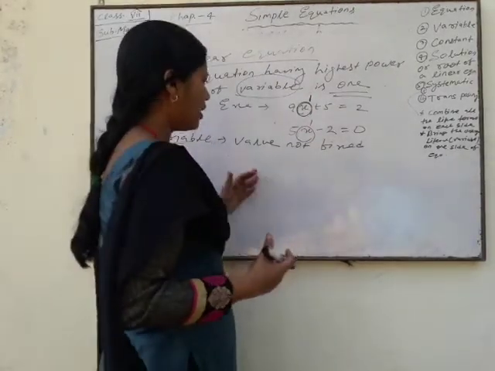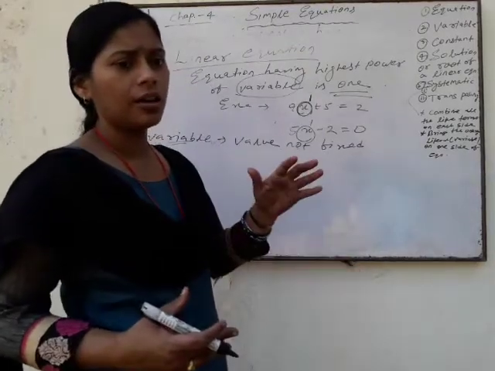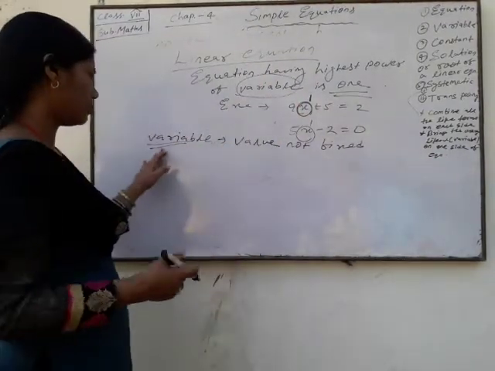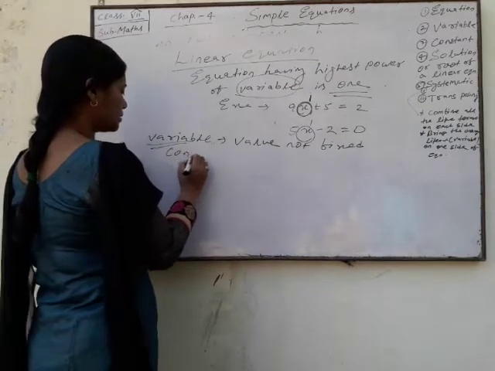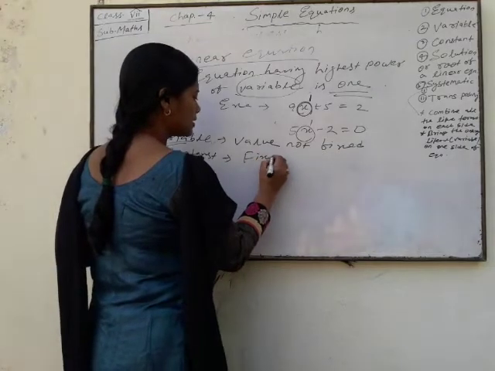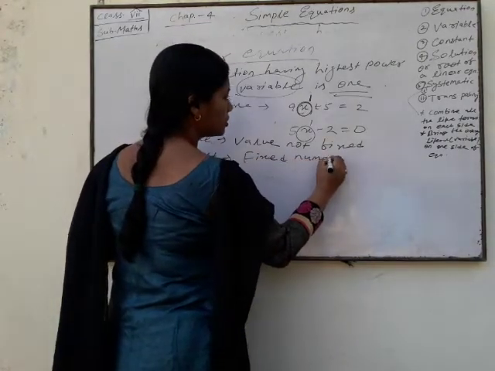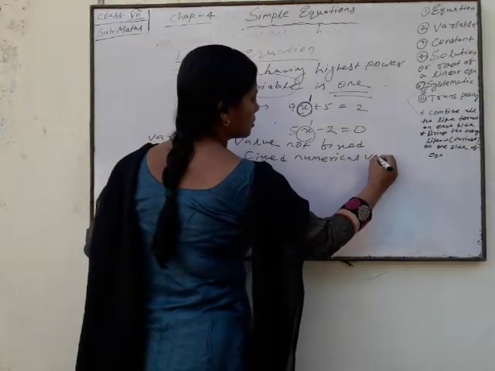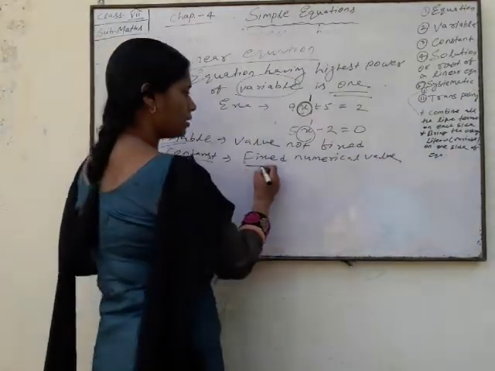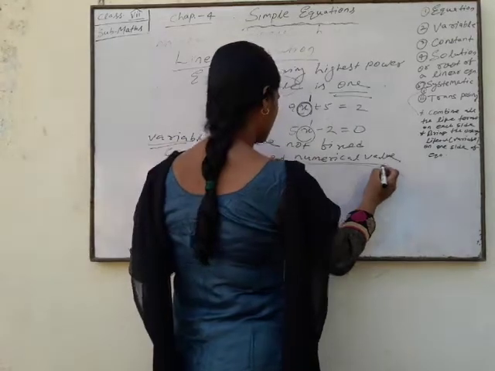Variable: value not fixed, your value can be changed. And constant means a fixed numerical value. A fixed numerical value is called a constant.